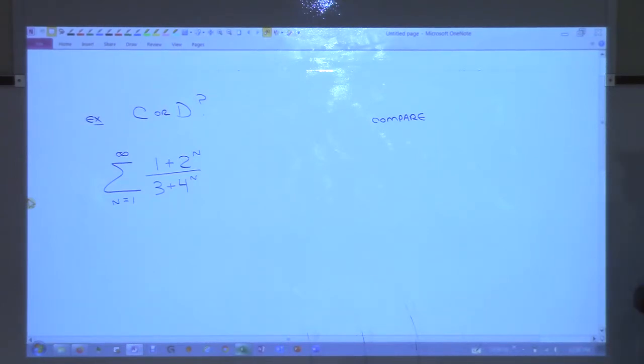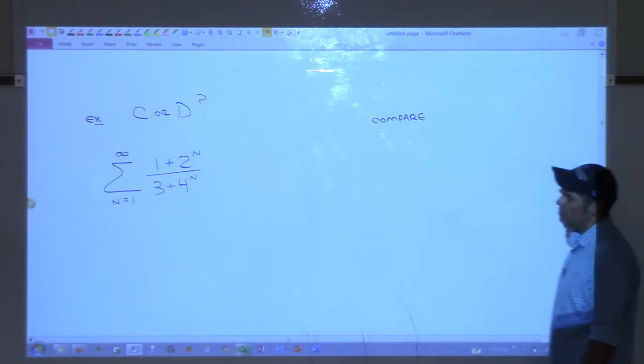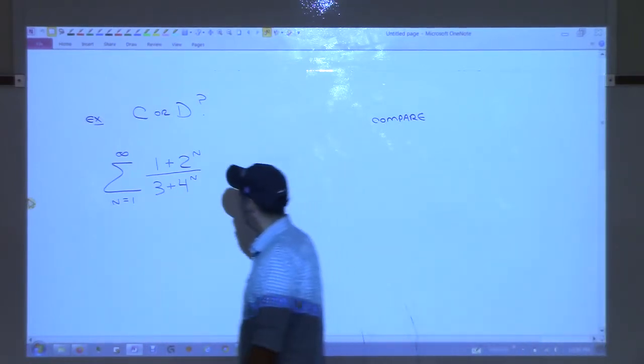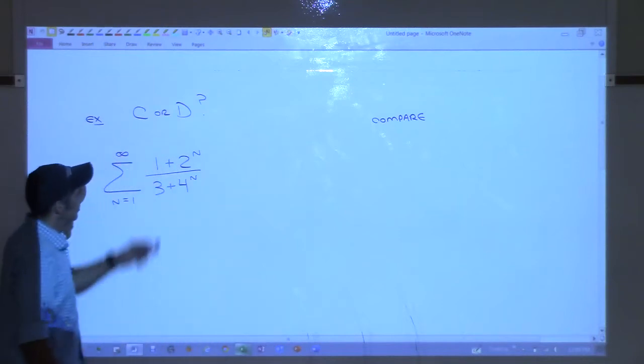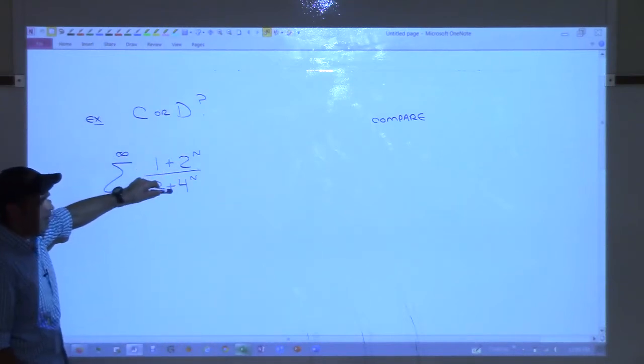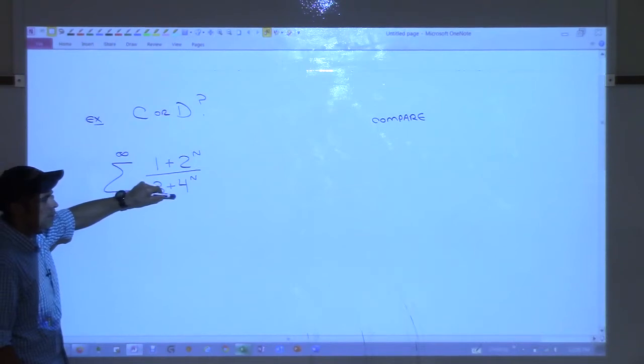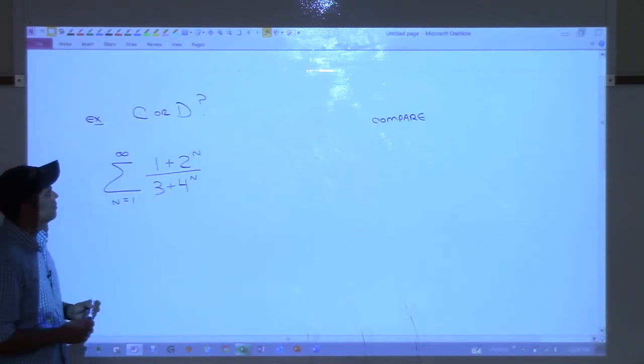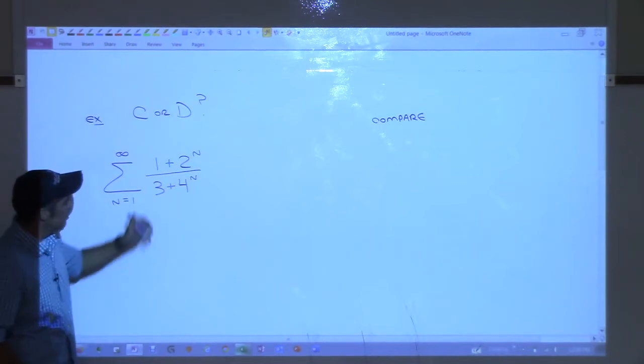You can use 1 over 2 to the n as the comparison. 1 over 2 to the n, where are you getting that from? So 2 to the n over 4 to the n would be 1 to the n over 2 to the n, which is 1 over 2 to the n.